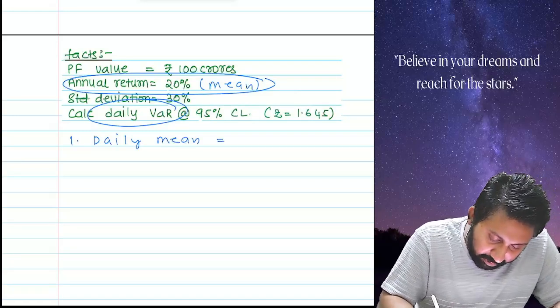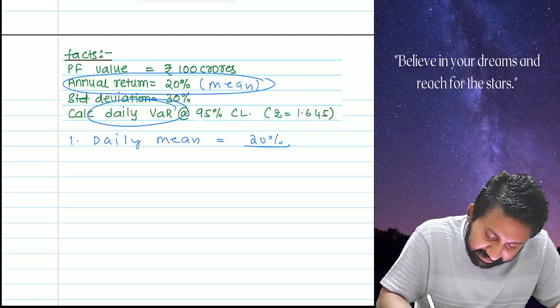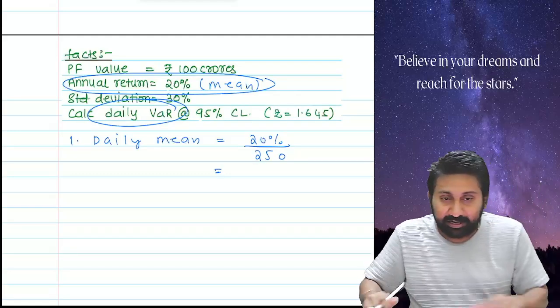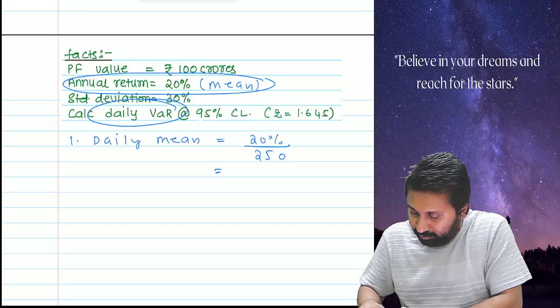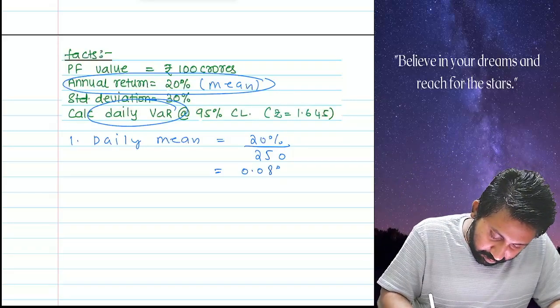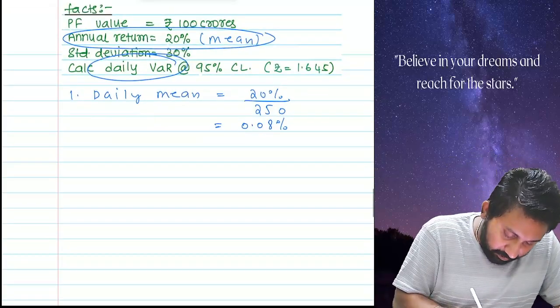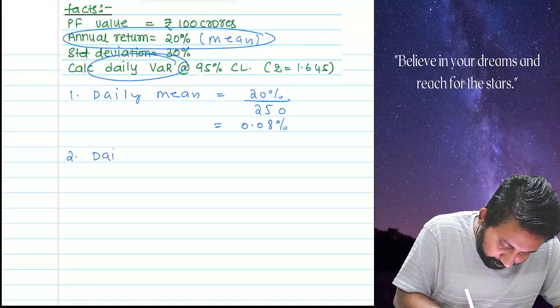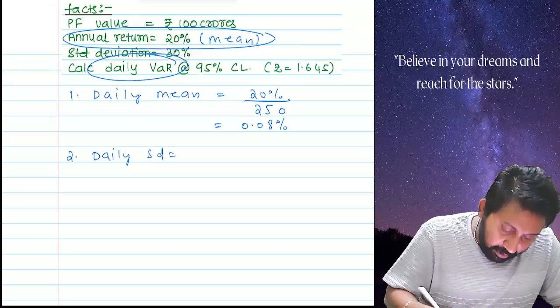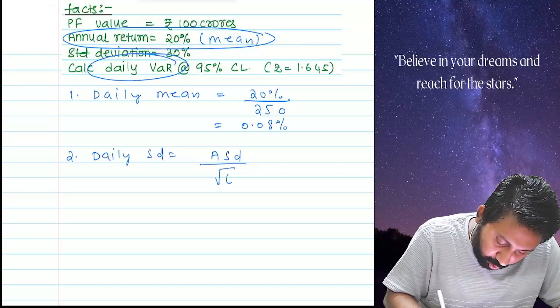Daily mean equals 20% divided by, this is per annum, I want per day, 250 days we assume. That is .08%. Daily standard deviation: annual standard deviation divided by root of t.